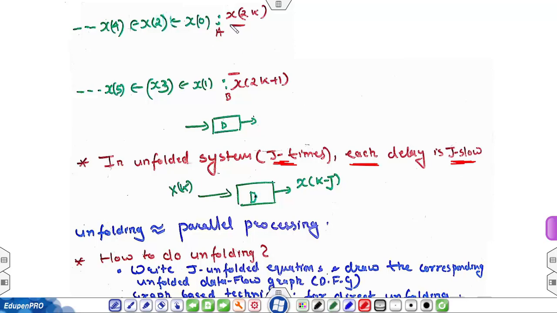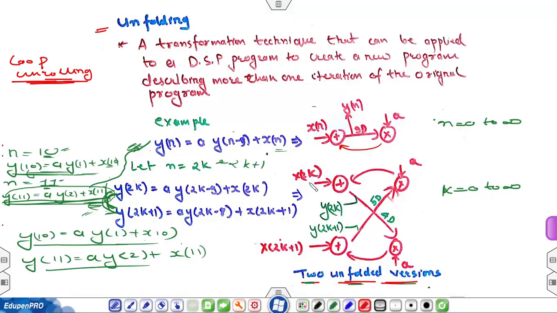So we have written two different equations. The first equation was for n equal to 2k and the second was for n equal to 2k+1, and two samples will be provided simultaneously to the system. So x[2k] at this point and x[2k+1] at this point.